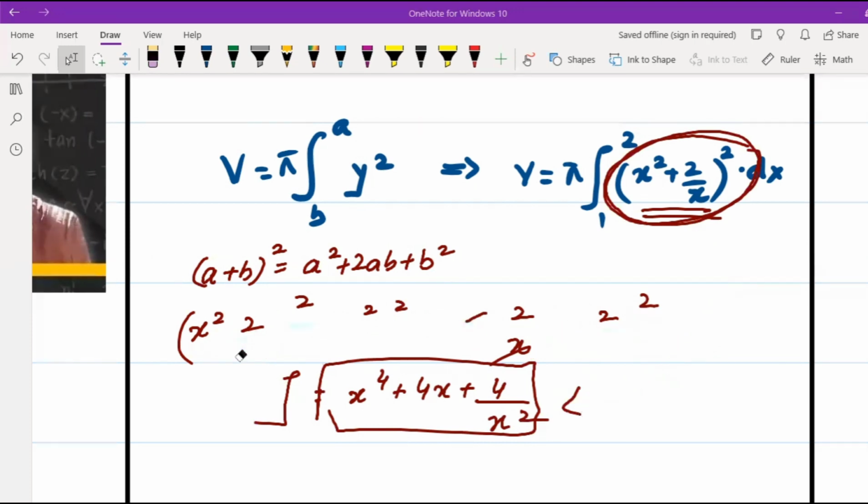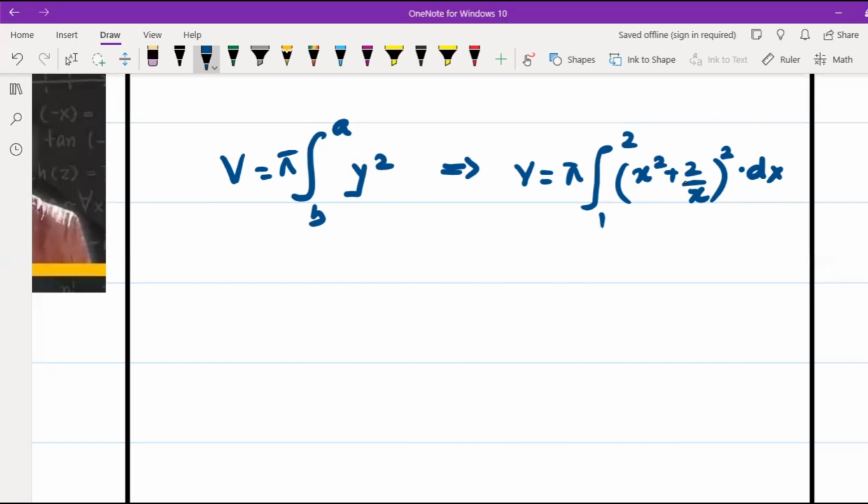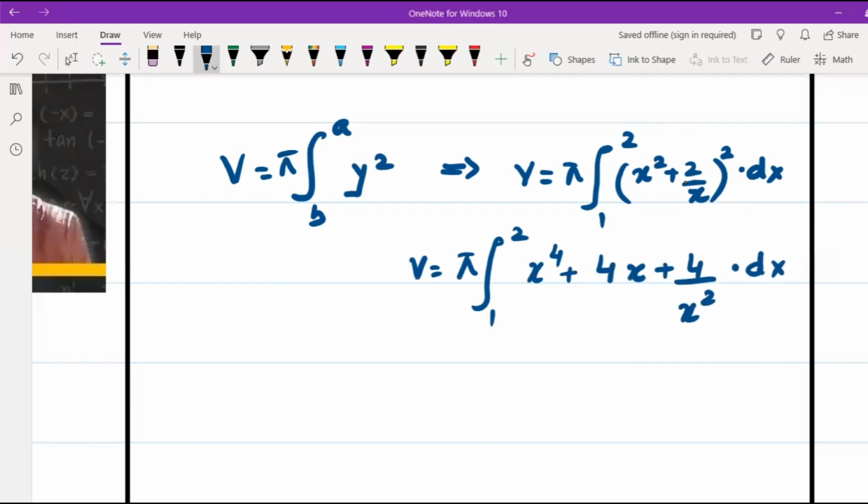So let's just open this up directly through the normal form, using the identity, which will be volume is equal to pi integration of upper limit 2 and lower limit 1, x to the power 4 plus 2 times 2 is 4, x and x, so this should be 4x plus 4 upon x square, dx.